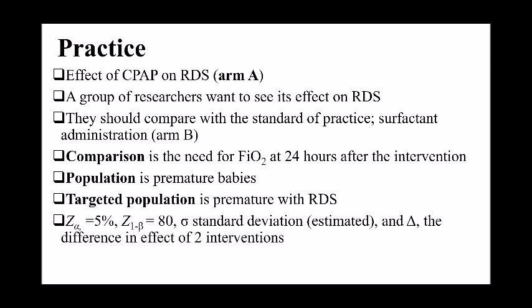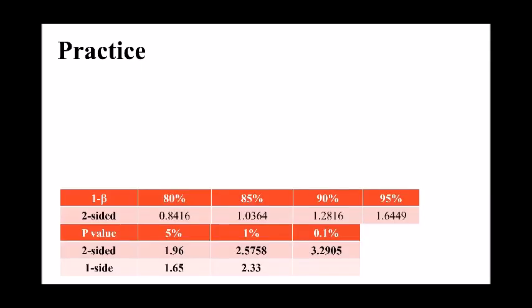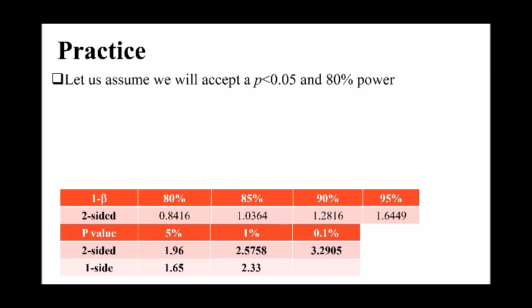Now, the Z level, we will use 5%. The power, we will use 80%. The standard deviation is estimated from previous studies. The change or the effect size is the difference of the effect between two interventions. So let's continue. Let's assume the p-value is 5% and the power is 80%.